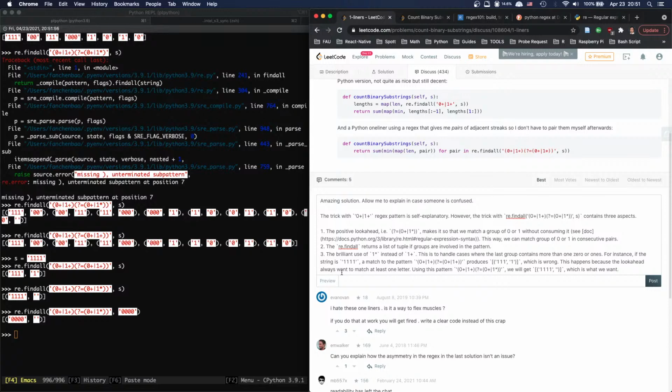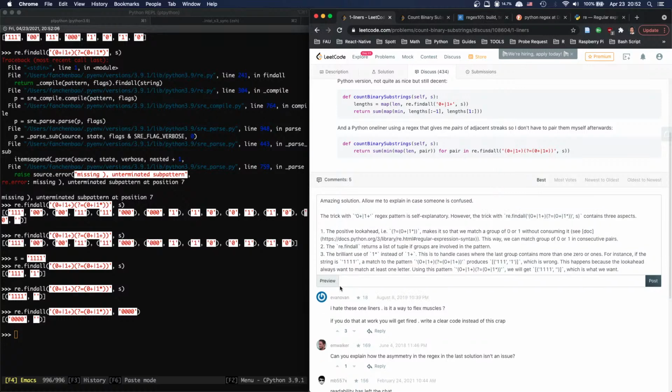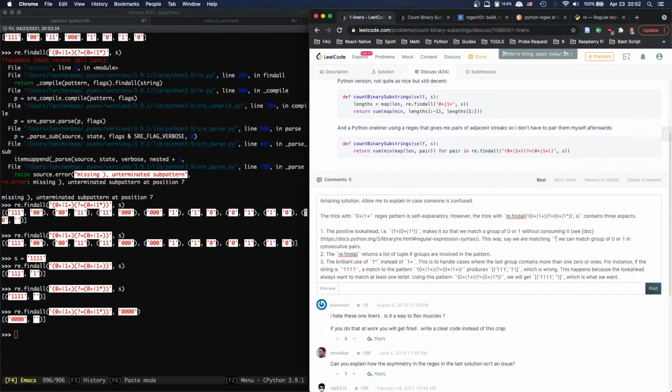This way we can match groups of 1, 0 in consecutive pairs. Say we are matching 0, 0, 1, 1, 0, 0.